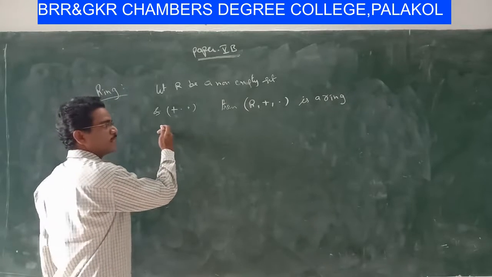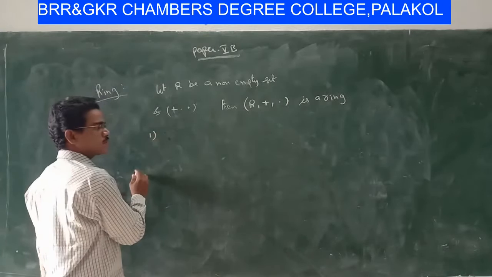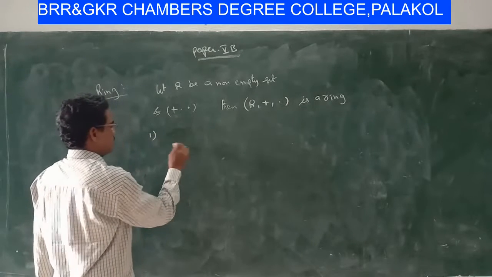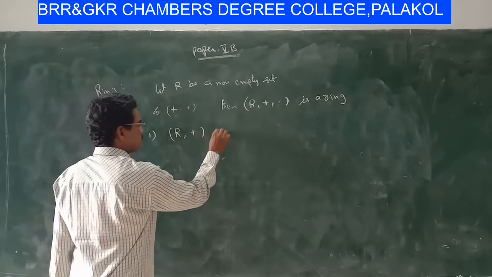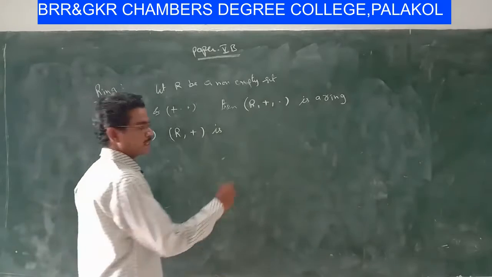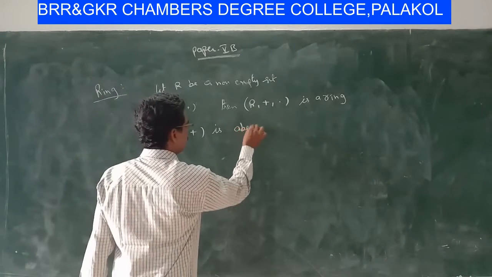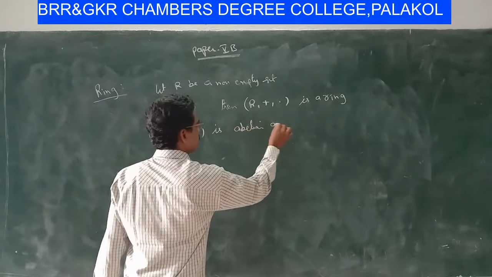Here first one is R comma plus is abelian group.